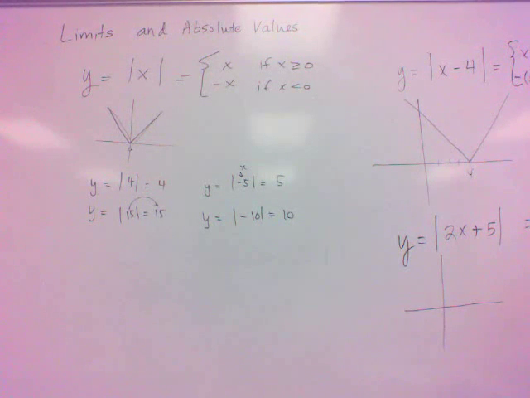Where does the breakup occur there? Well, notice it's going to be shifted to the left with a plus 5. That's one thing, and then actually this 2 has an effect on it.